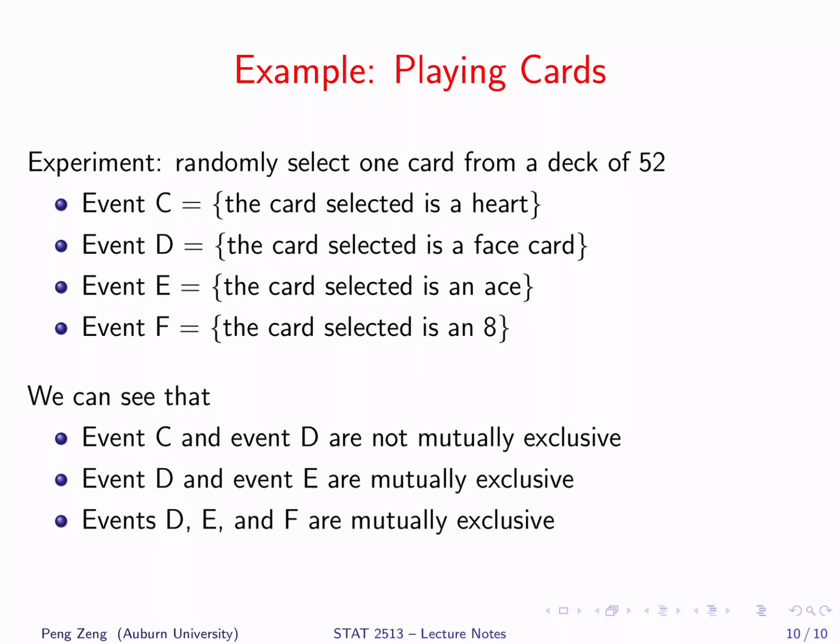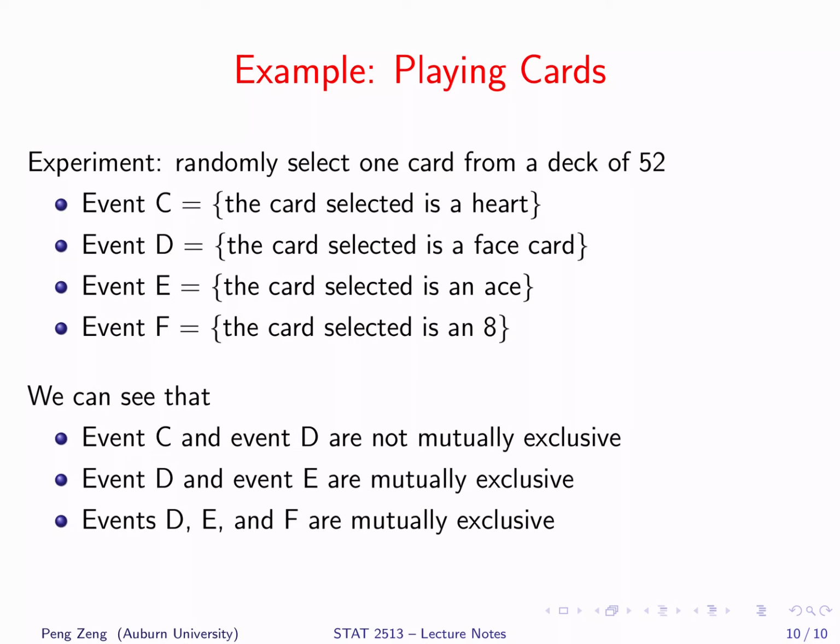Events D and E are mutually exclusive. Event D means face cards, which are Jack, Queen, or King. Event E is ace. Clearly, events D and E have no cards in common. Therefore, D and E are mutually exclusive. Events D, E, F are mutually exclusive.